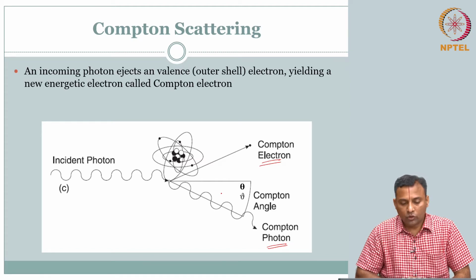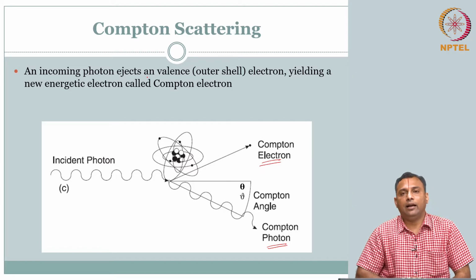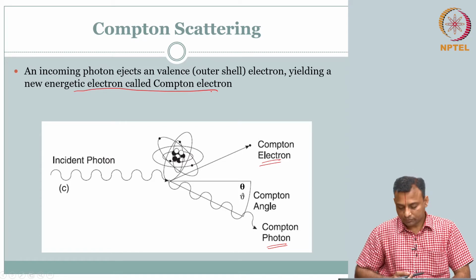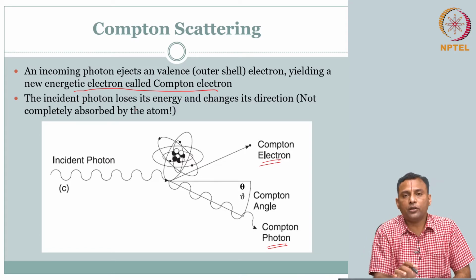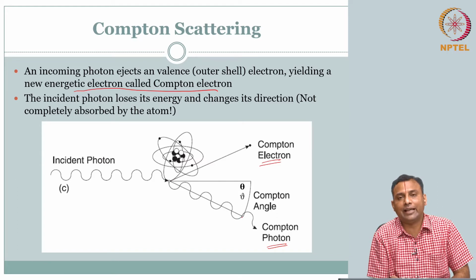So, Compton scattering is when an incoming photon ejects a valence or outer shell electron, yielding a new energetic electron called the Compton electron, and the incident photon is not completely absorbed by the atom. The incident photon with reduced energy changes direction.